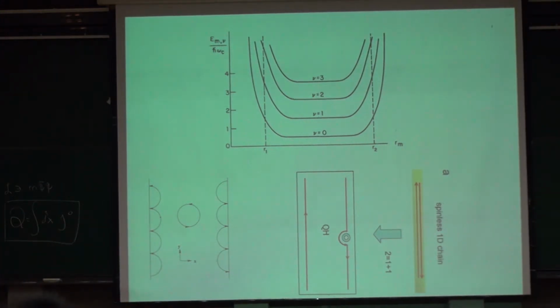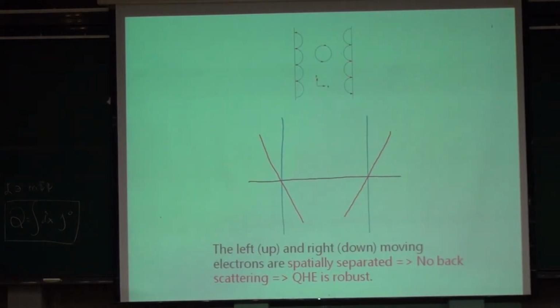Okay. So the most important message: the left or up moving, right or down moving electrons are spatially separated. So no backscattering. So the quantum Hall effect is robust.